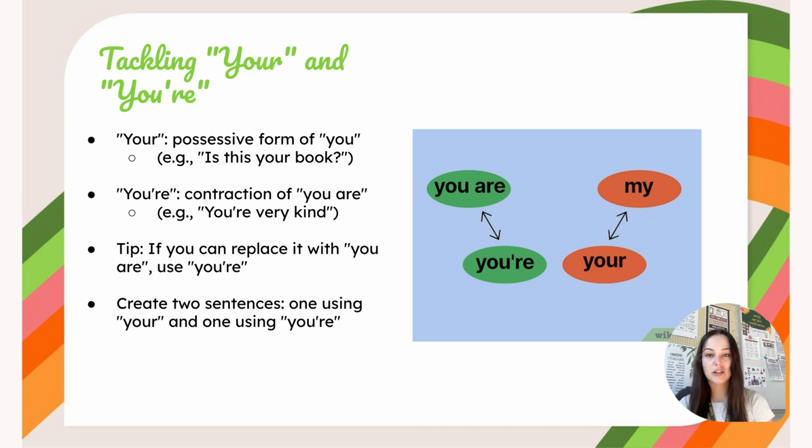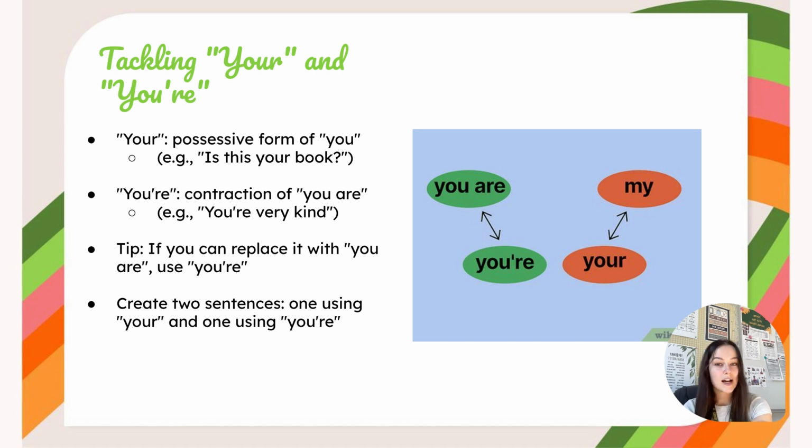And this contraction is sufficient, right? And kind of combining those 2 words together and making the compliment of you are very kind, right? So you're very kind is using the contraction of you and are, therefore you use this you're. So tip, as I just mentioned, if you can replace it with you are, you need to use you're with an apostrophe. Okay, so the contraction version.